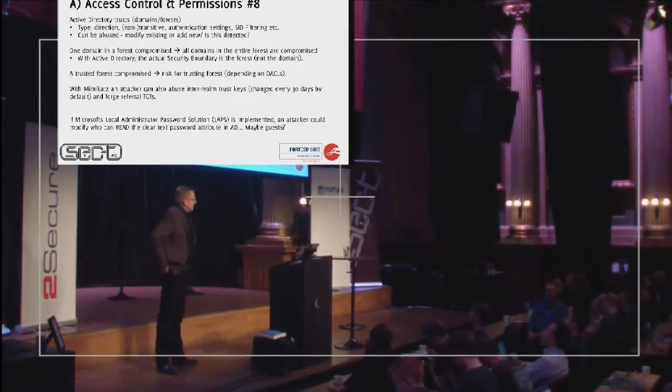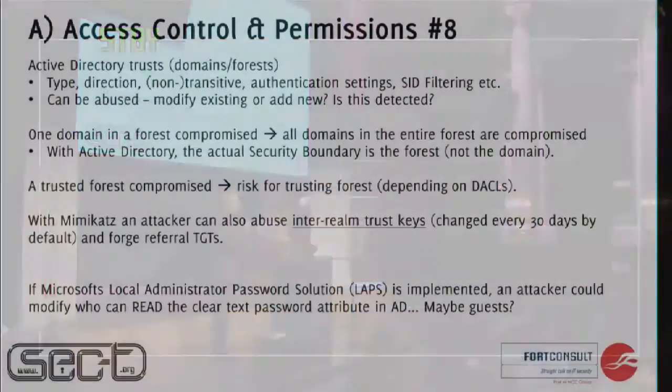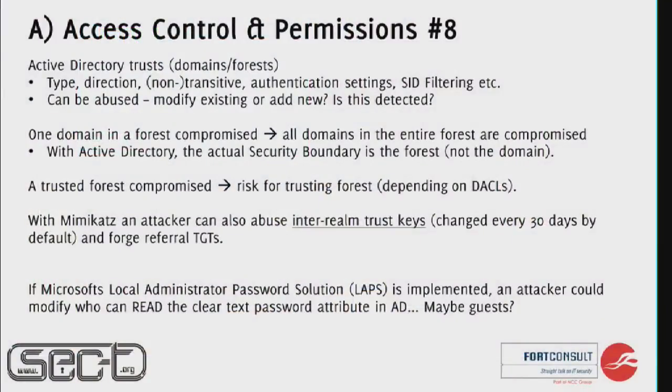Trusts is an issue for itself. People set up trusts out there like it's a fusion between two companies maybe. It just has to go fast. So there's a full trust back and forth, and no SID filtering perhaps. So, I mean, that means it's possible to also do this SID history trick in that way. Lots of ways to abuse trust.